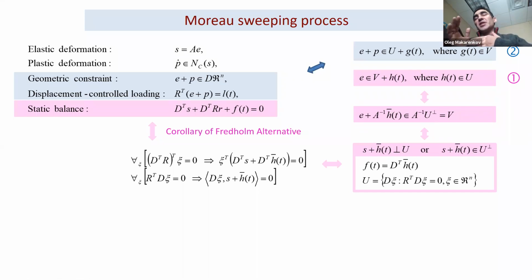Since we have a decomposition of the entire space into a product of U and V, this E plus P, the elongation, the vector representing the total lengths of springs, can be decomposed as an element of the space U plus some element from the space V. It turns out that this particular G that we have here for the decomposition of E plus P has a nice formula.